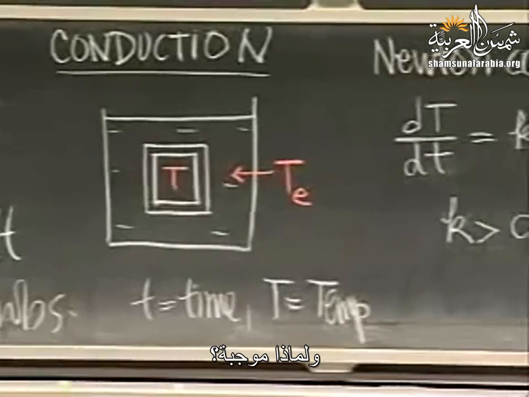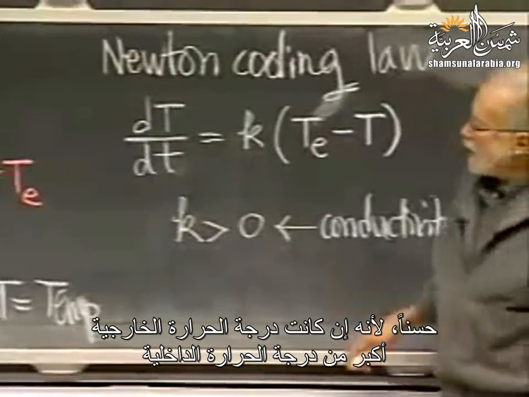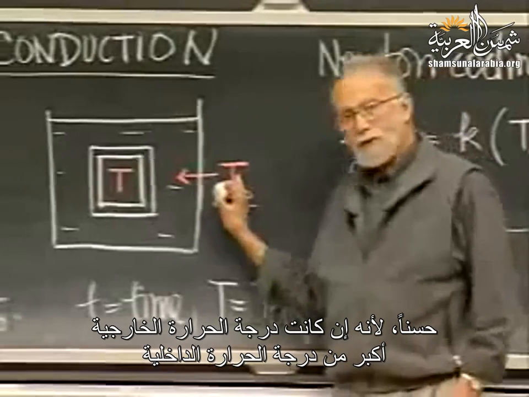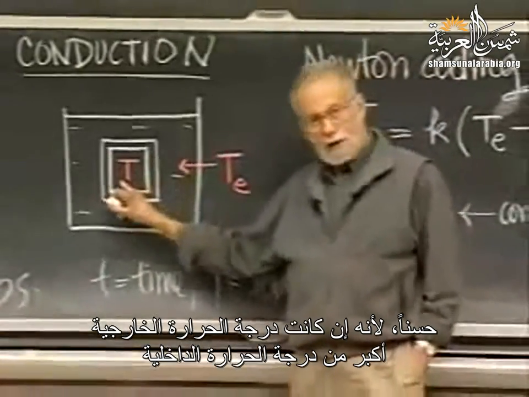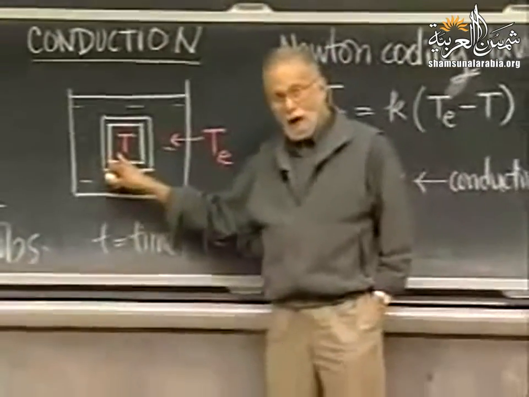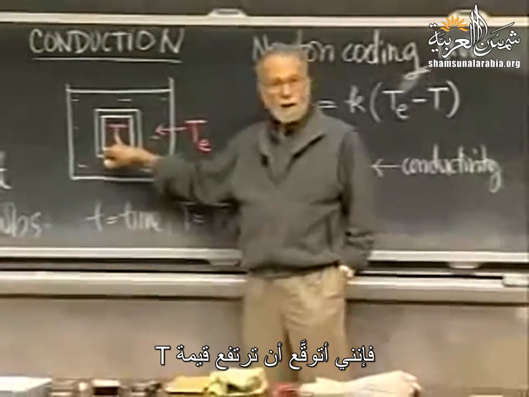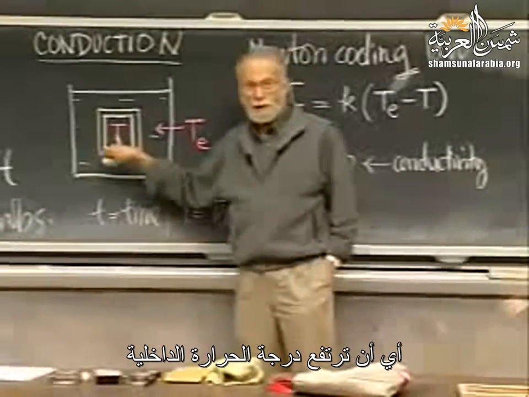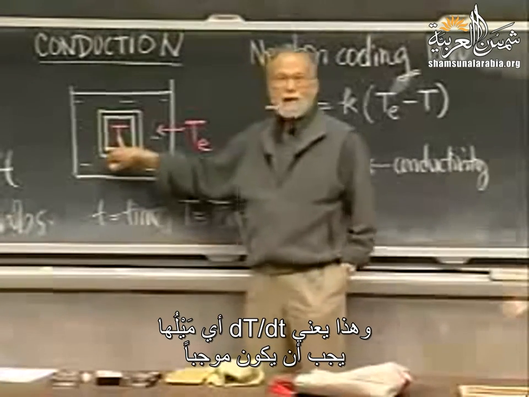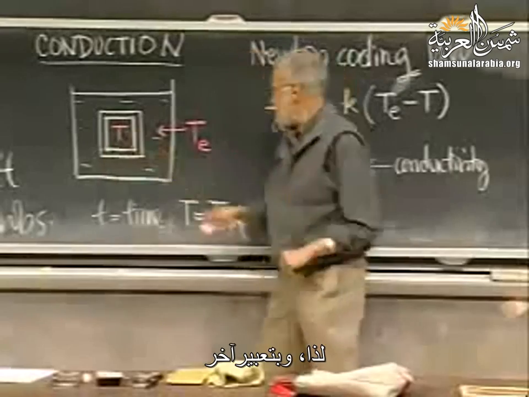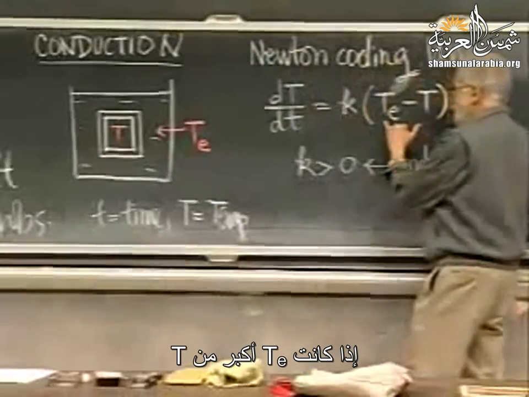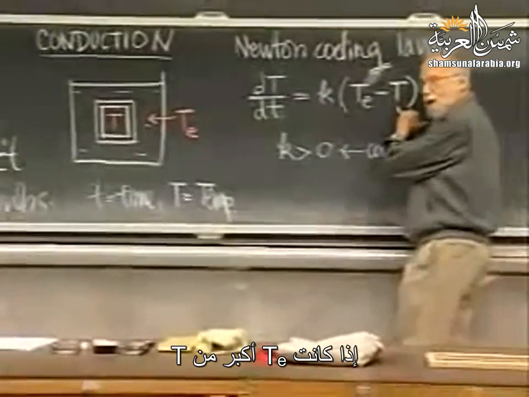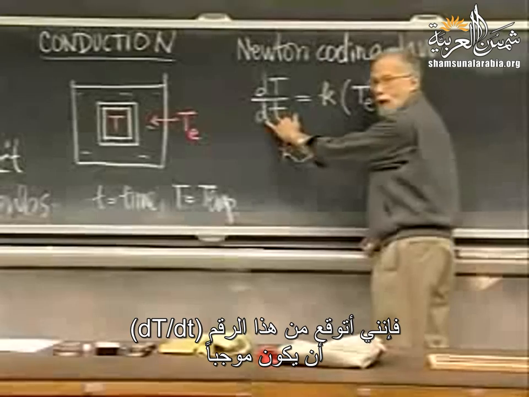And why positive? Well, because if the external temperature is bigger than the internal temperature, I expect T, the internal temperature, to rise. That means dT/dt, its slope, should be positive. So in other words, if TE is bigger than T, I expect this number to be positive.